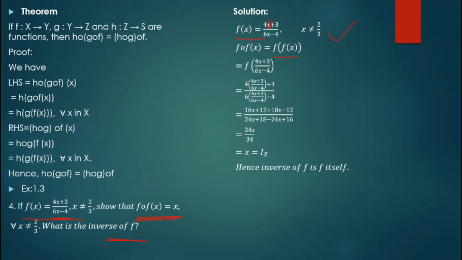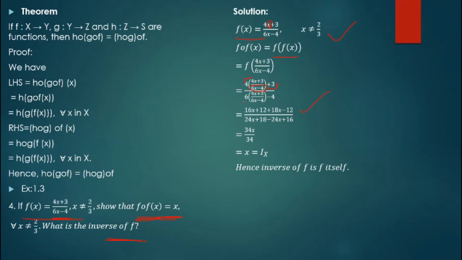So what will be remaining? We multiply this 4x, 16x, then 12, 4 into 3, 12. Plus, when we cross multiply, this 6x comes over here, and so we have 3 into 6x, 18x, minus 3 into 4, 12.